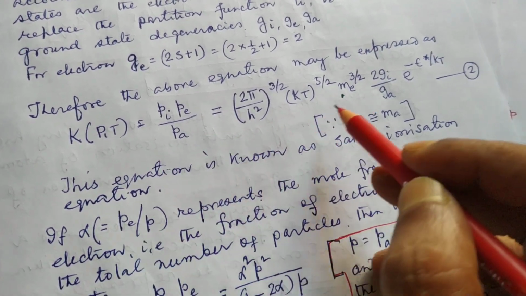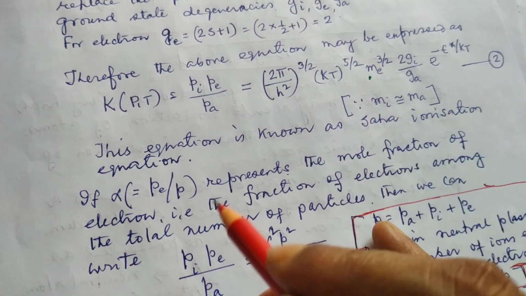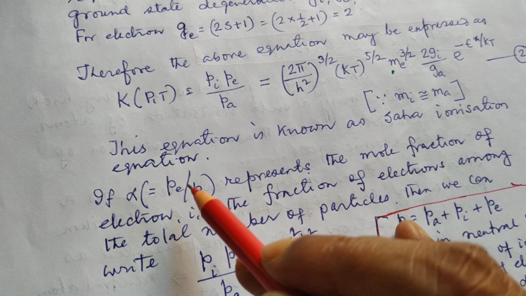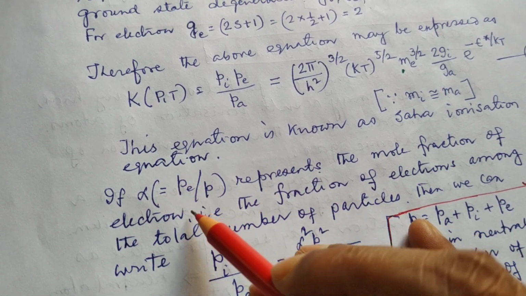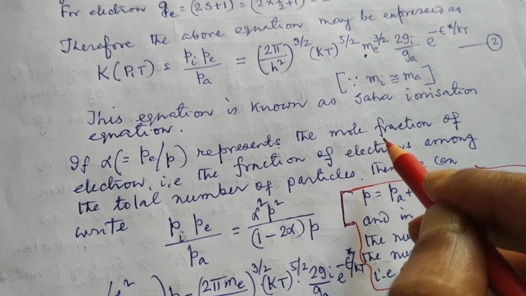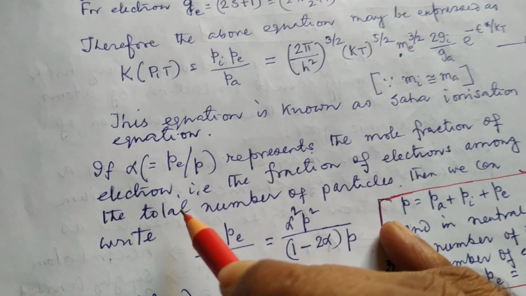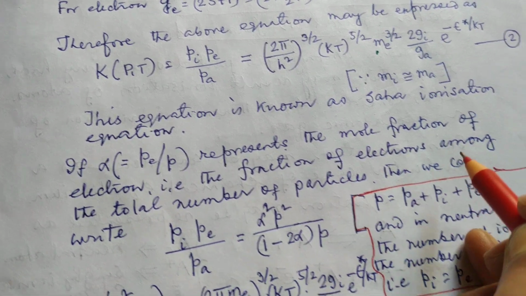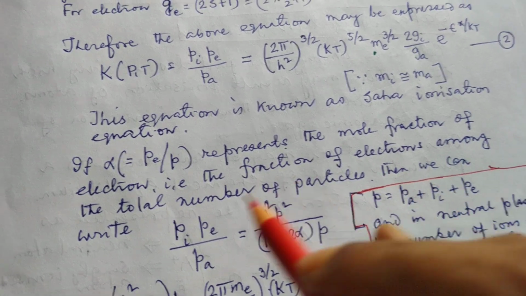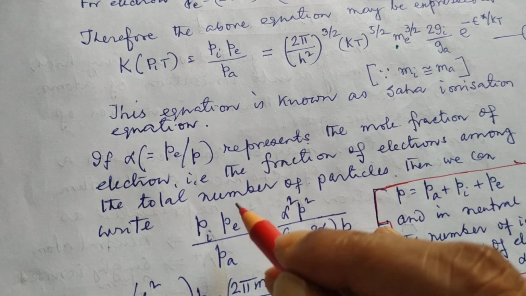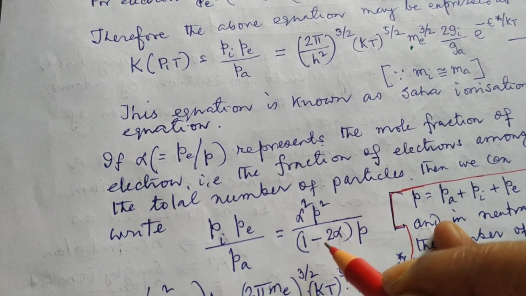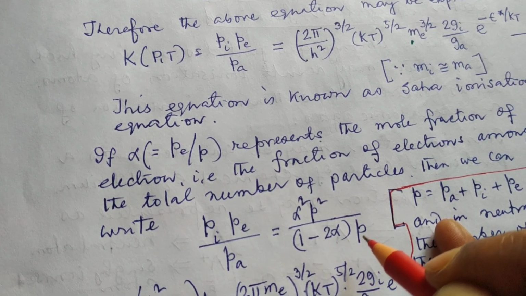Now, if alpha equals Pe by P, the partial pressure of the electron by the total pressure, it represents the mole fraction of electrons, that is the fraction of electrons among the total number of particles. Then we can write Pi Pe by Pa equals alpha square P square divided by (1 minus 2 alpha) into P.